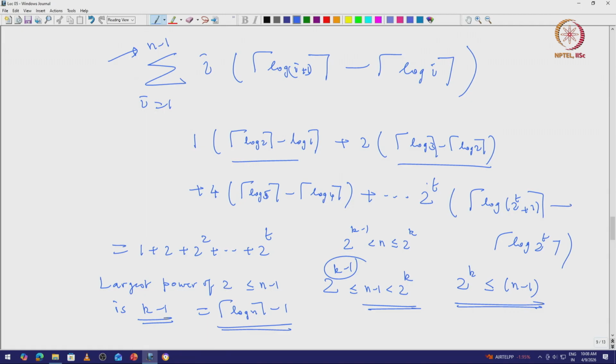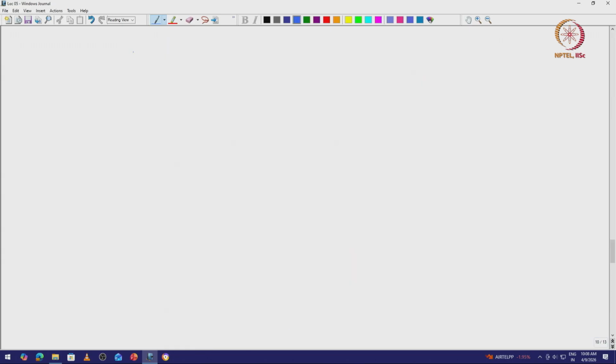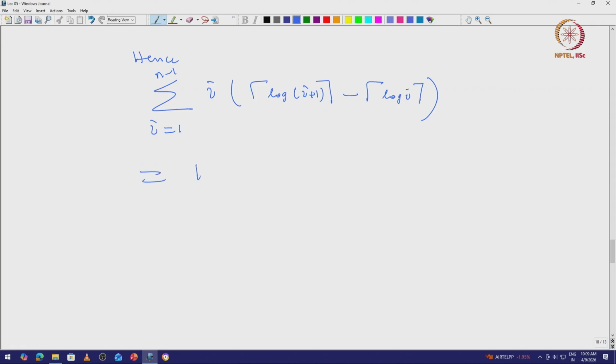Therefore, hence the sum sigma i going from 1 to n minus 1 of i times (ceil log i plus 1 minus ceil log i) is equal to 1 plus 2 up to 2 power t, where t is ceil log n minus 1.